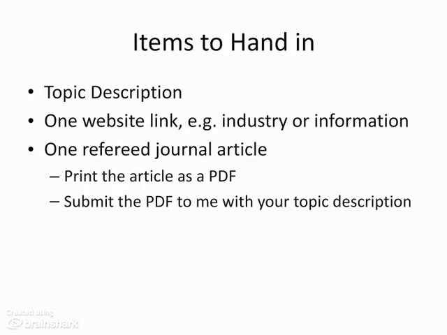And finally, separately, upload one refereed journal article. So when you're looking at it online, you're going to print or save the article to a PDF on your computer for your later review and submit that PDF to me with your topic description.